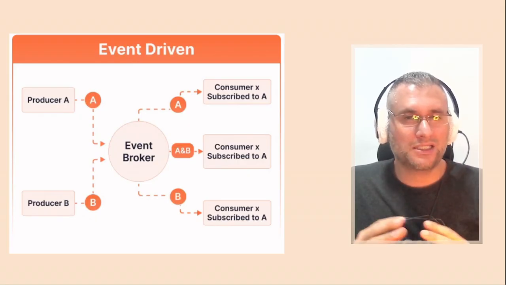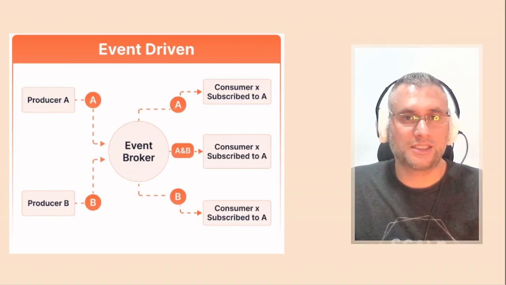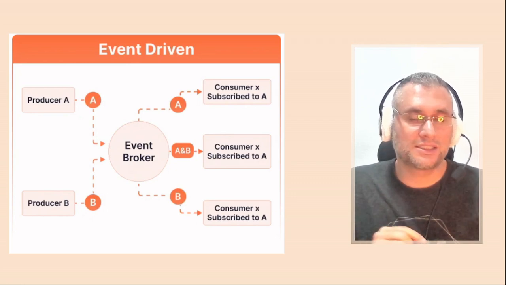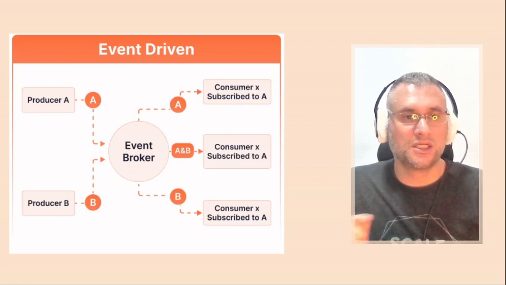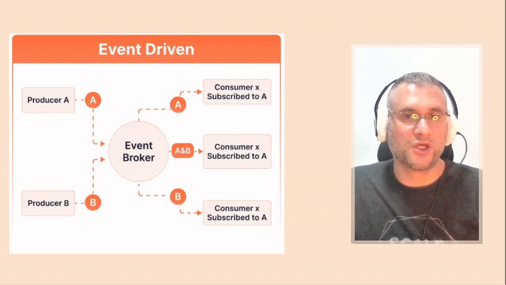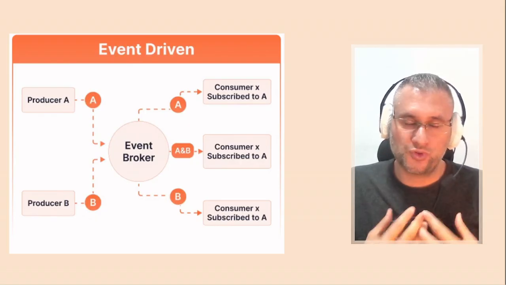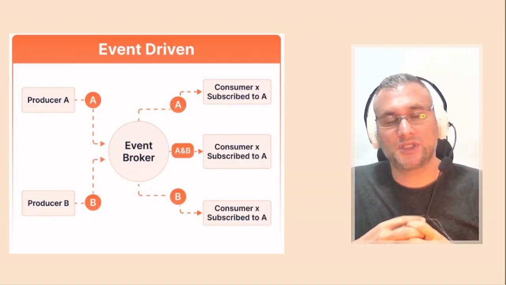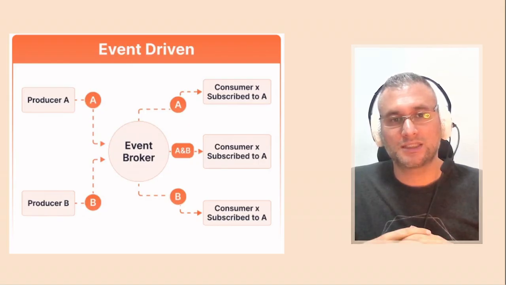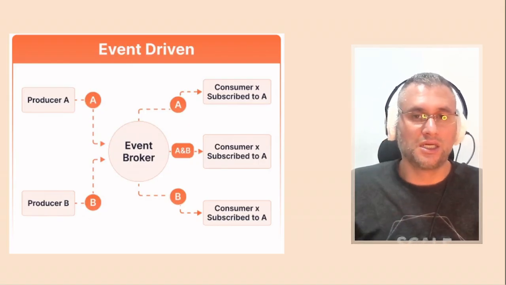One useful strategy to track the message is to assign a UID to each message, and you can track each message throughout the flow of the event broker. You can track the message when the producer sent it to the event broker, and you can track the message when the consumer processes this message.